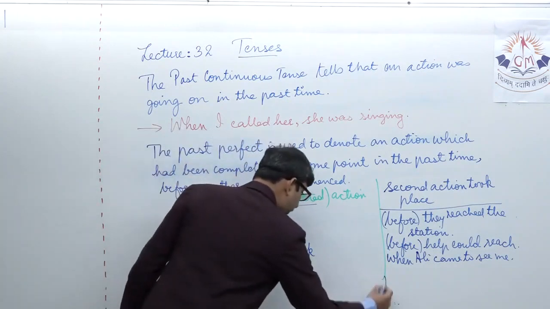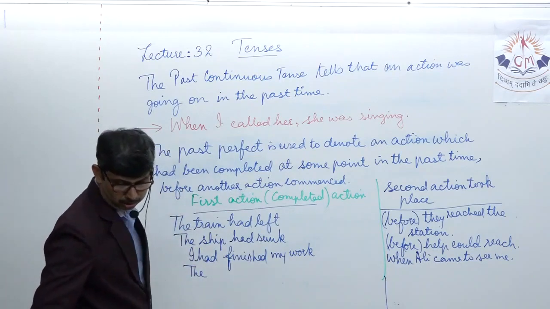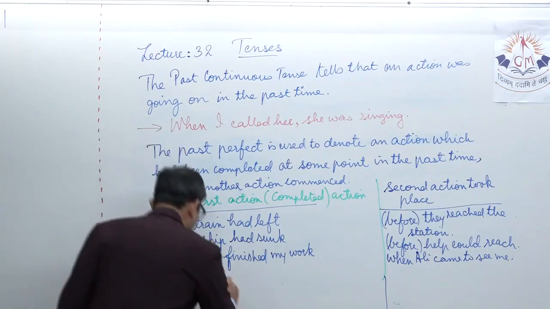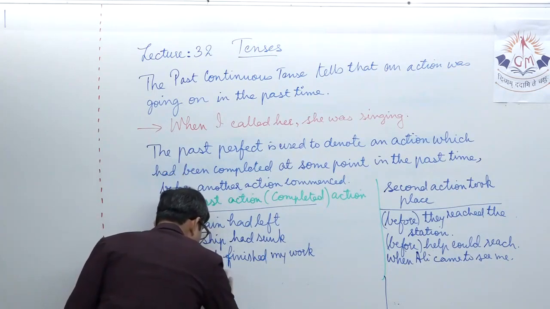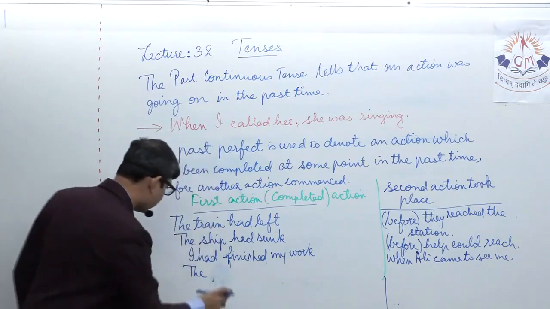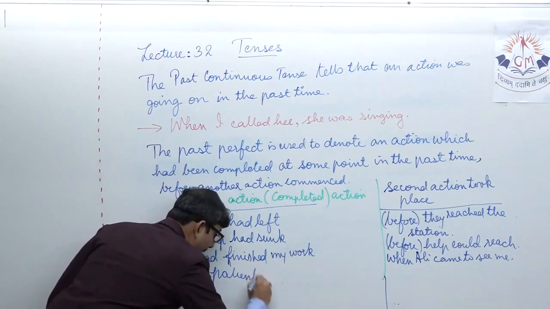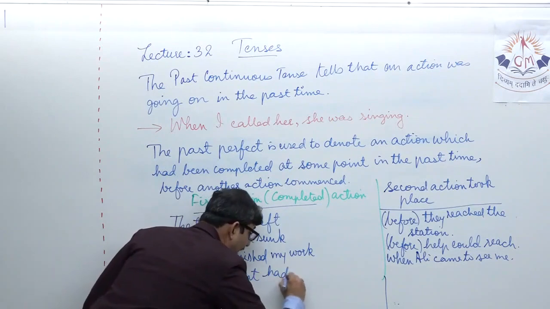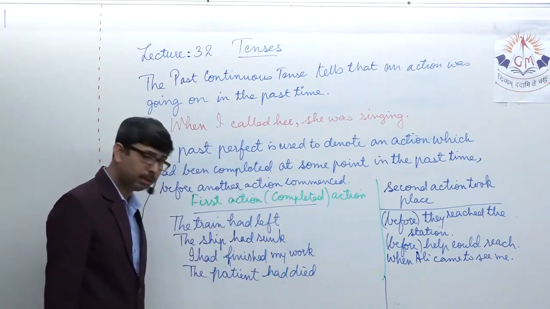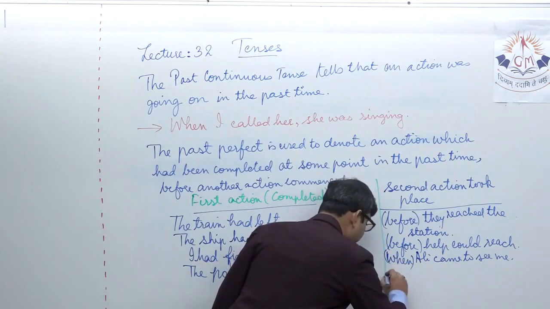One more example. The patient had died. You see, the action is already over. The patient is already dead. The patient had died when, or what time?